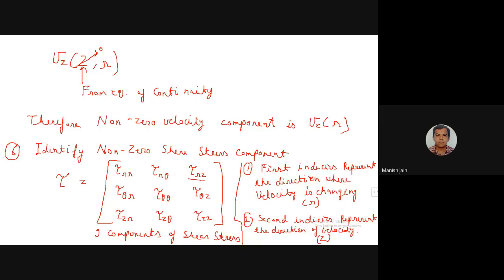So this is only the non-zero velocity profile, tau rz, because r is the direction where velocity is changing and z is the direction where fluid is flowing, where the direction of the velocity is z. So tau rz is the only non-zero shear stress component in this case, all others are zero or negligible.